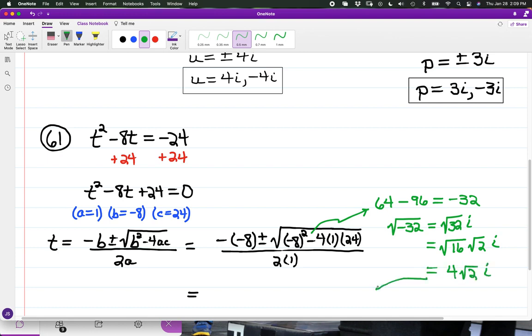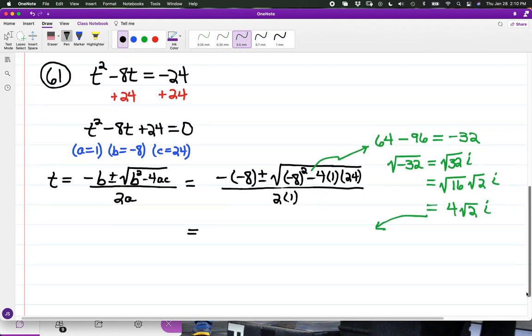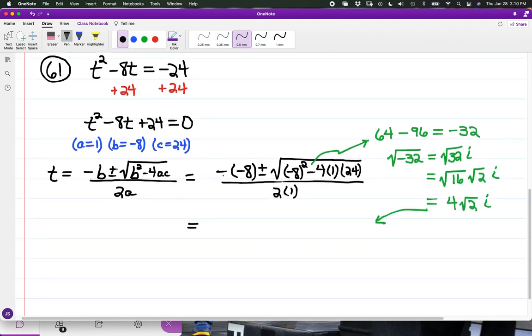Looking at what we have in the putback, you have the opposite sign of negative 8, so this will be a positive 8. And you have plus or minus, and again, the radical expression reduces to 4 times the square root of 2 times i, and 2 times 1 is 2.